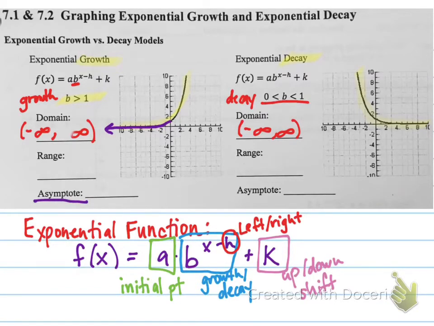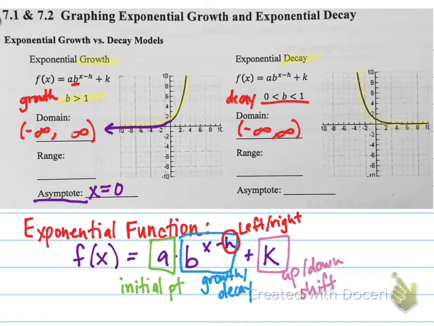It would get close to 0 and approach it forever, but it would actually never touch it. With exponential functions, they will always have a horizontal asymptote, which just means that the function's getting really, really close as your exponent becomes smaller, but it never actually touches y equals 0.